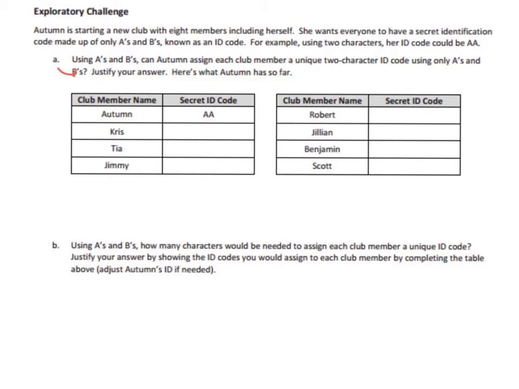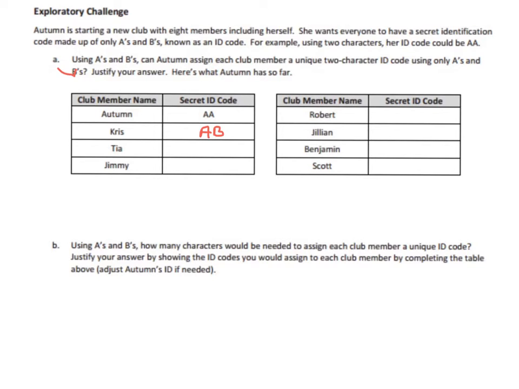So, I will take care of the next one. Let's say I give Chris now, can't be the same, so let's say Chris is A and then a B. That's her code. I want you to finish filling out the chart the best you can and come up with an answer to this question.